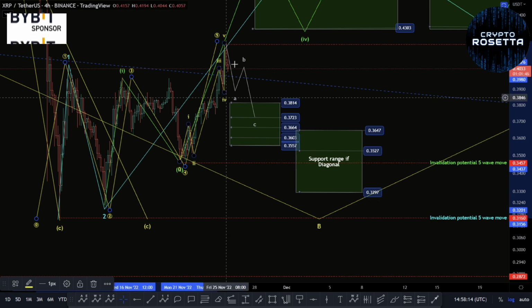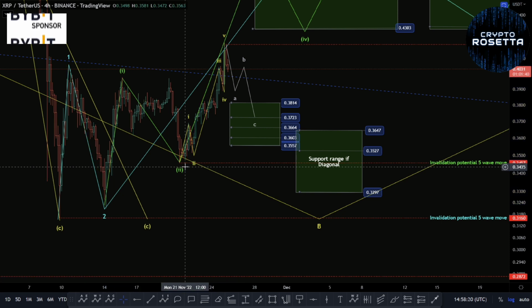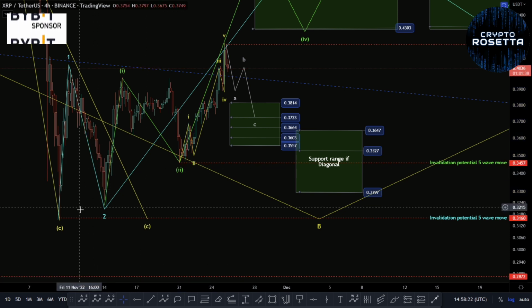So 1, 2, 3, 4, 5 within there. And then effectively what that would be is either an A or a wave 1.